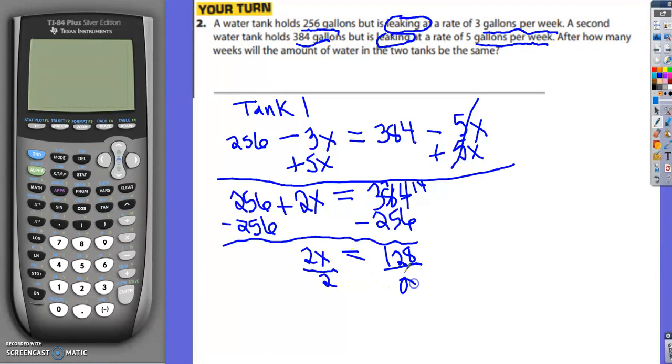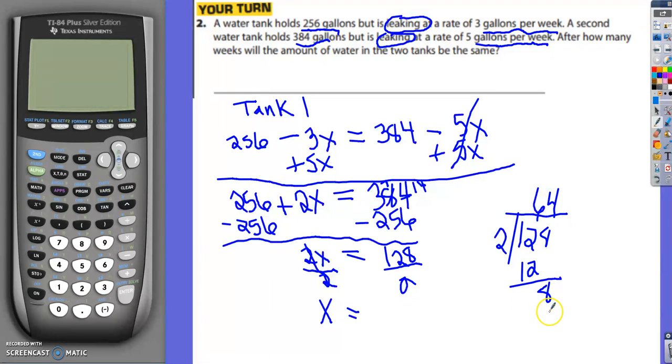If you do it to one side, you have to do it to the other side. So this becomes 1x, or x. 128 divided by 2. It's going to go in there 6 times. It's going to go in there 4 times. So we have 64.